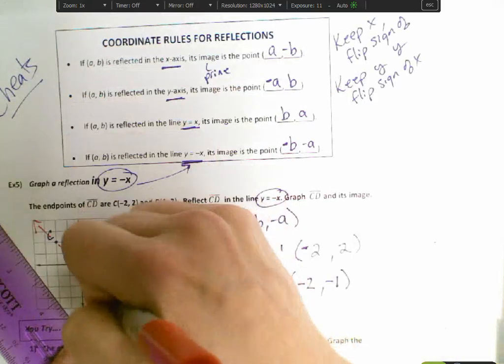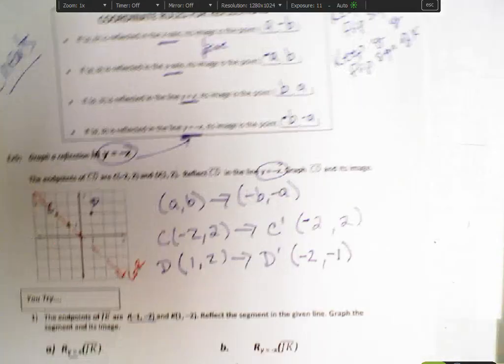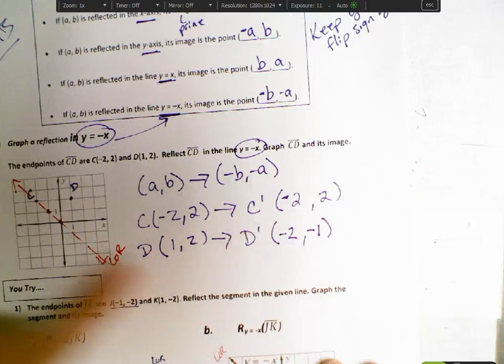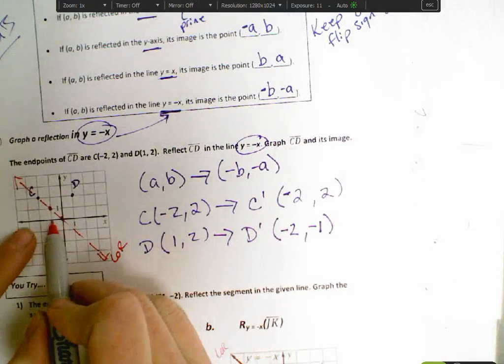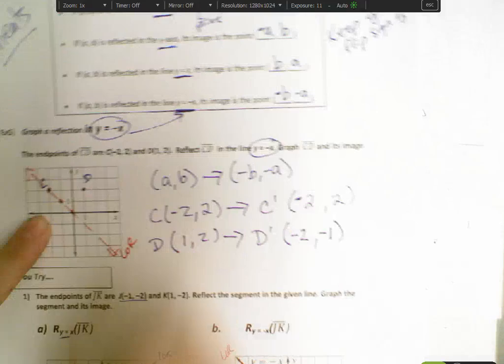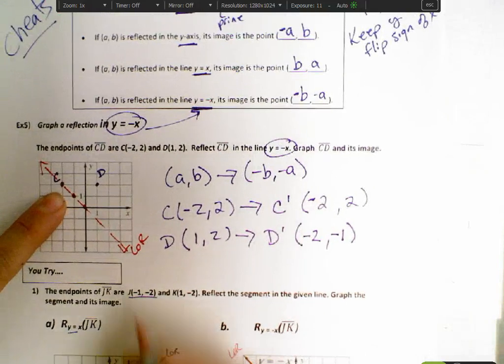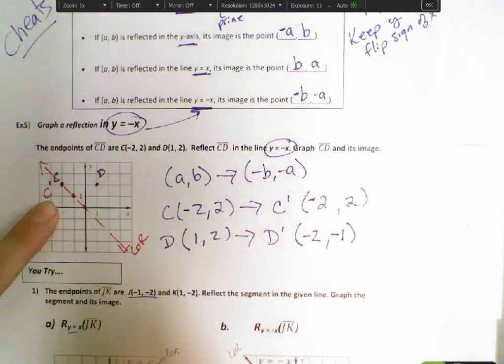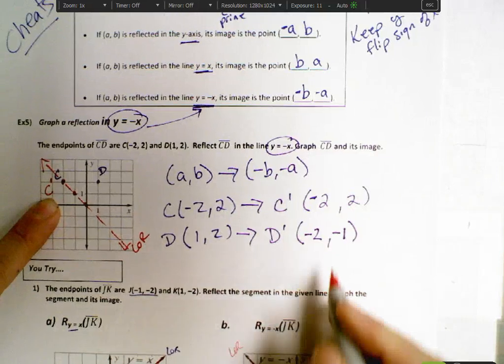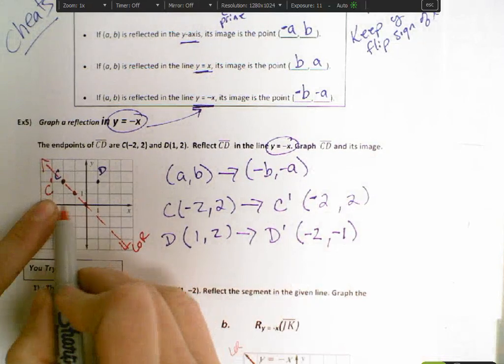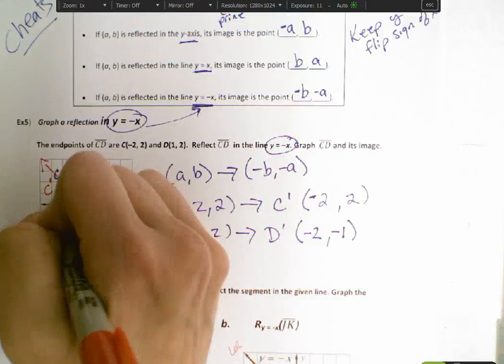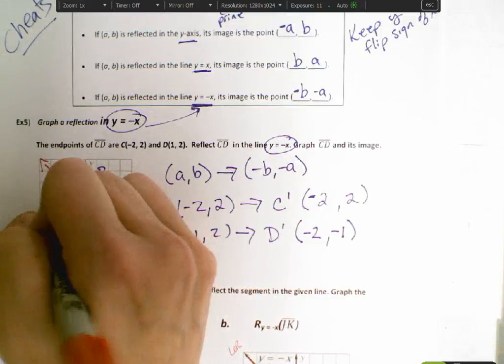So I've graphed my line of reflection, and I can plot my prime points. C prime is (-2, 2). Oh, well, that makes sense because C's already on the line of reflection, so that means C and C prime are the same point. D prime is (-2, -1).